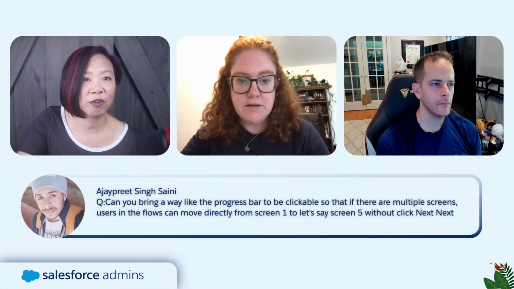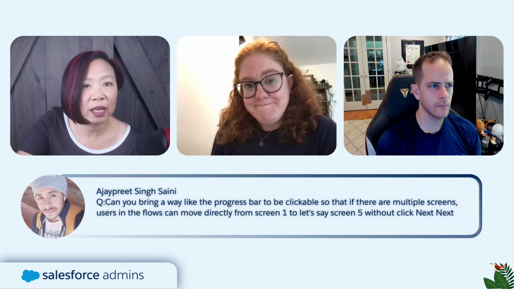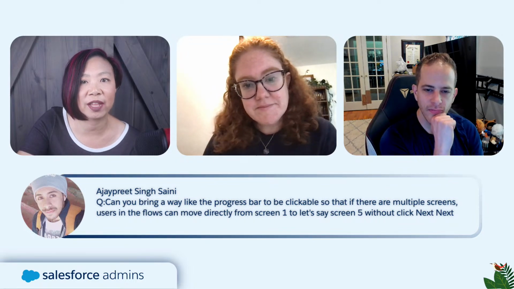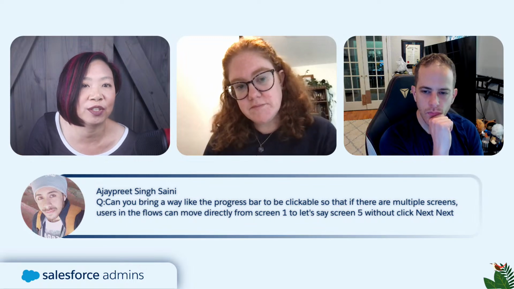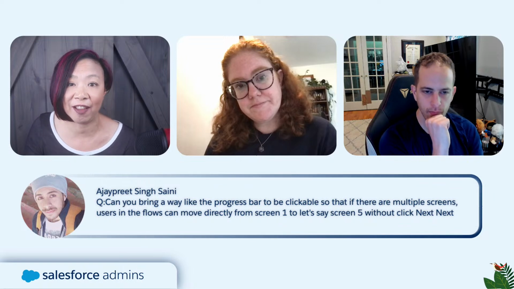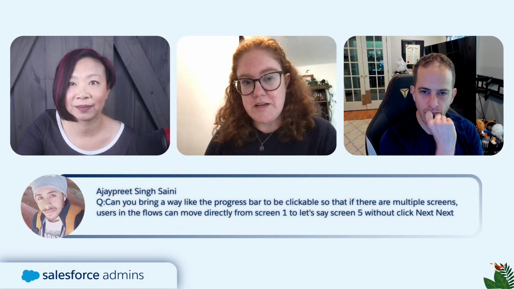Next question comes from Ajay Pret. Can you make the progress bar clickable, so that if there are multiple screens, users in the flows can move directly from screen 1 to say screen 5 without clicking next? I will take this. So two things.